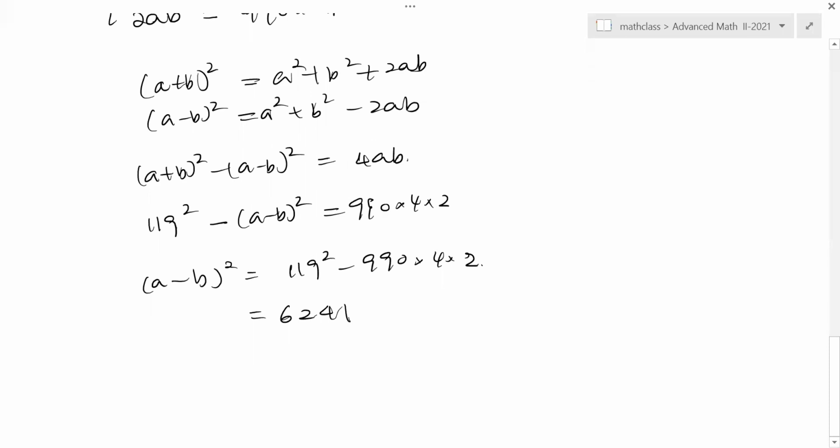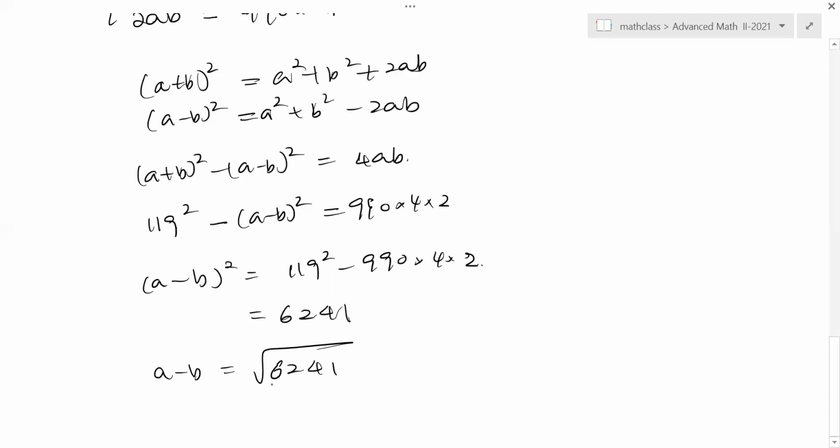Okay, so then you will have, let's see, what is this? I don't have a scientific calculator. That should be a perfect square, right? So A minus B is the square root of 6,241.